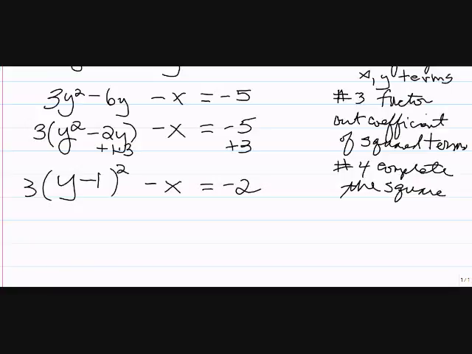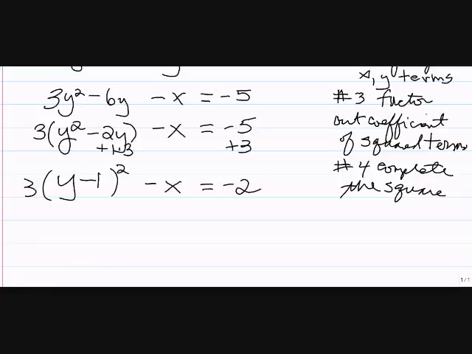To do that, I have to add that second term squared back in. I also had a 3 sitting out here, so I had to multiply by that 3, and now all things are equal. My two equations, the top one and the bottom one, have not changed value. Whatever I do on the left side, I do on the right.